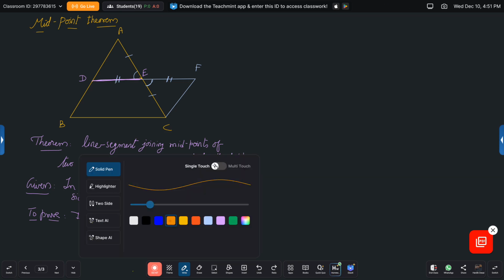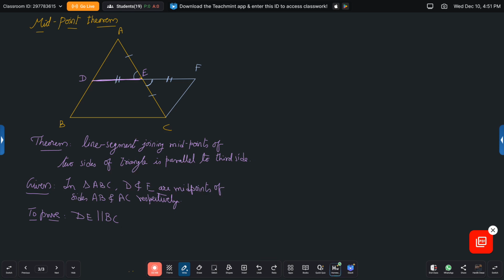Now, if these two triangles are congruent, what more can you say? You can say that CF is equal to AD, corresponding parts. Also, you can say that angle A is equal to angle C. Why? CPCT, corresponding parts. Now, they also form alternate angles.